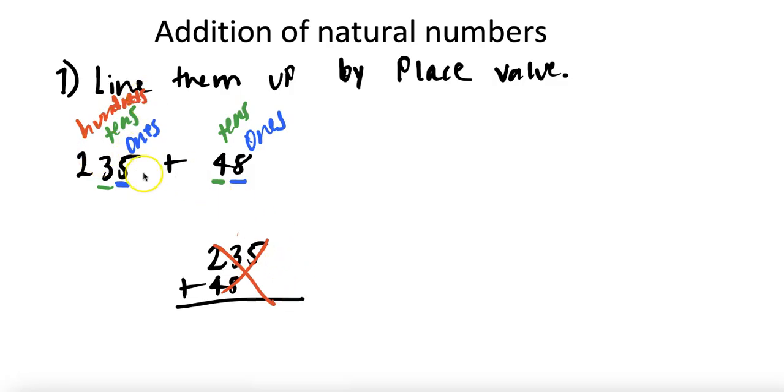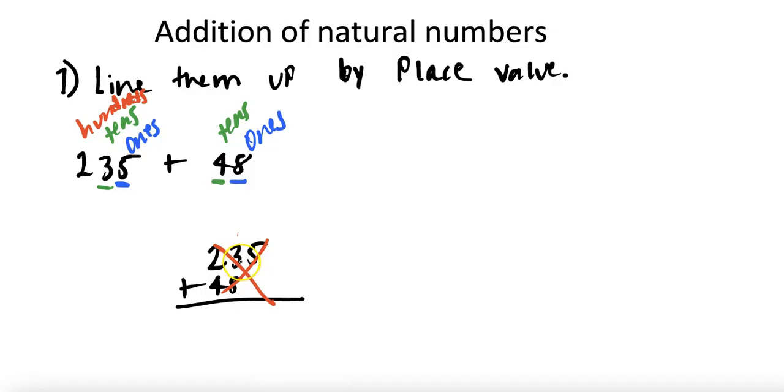Why would our answer be incorrect from this? Because if we look at the place value of each digit, what do we have? 5 is in the ones place. And then we have nothing right under it. What place value is the 3 in? The tens. How about the 8? In the ones. So we cannot add the tens and the ones together because it will give us a wrong answer.